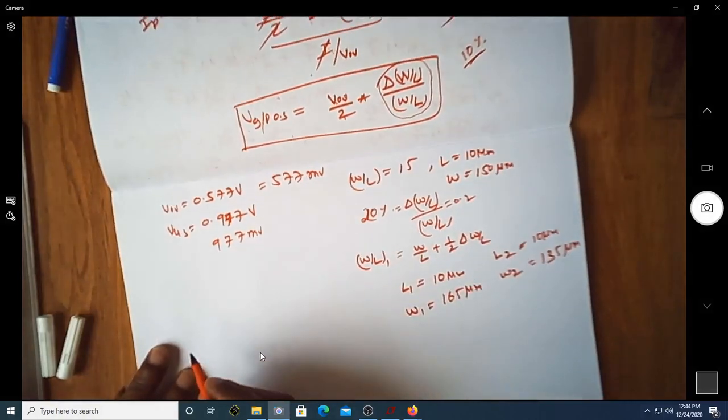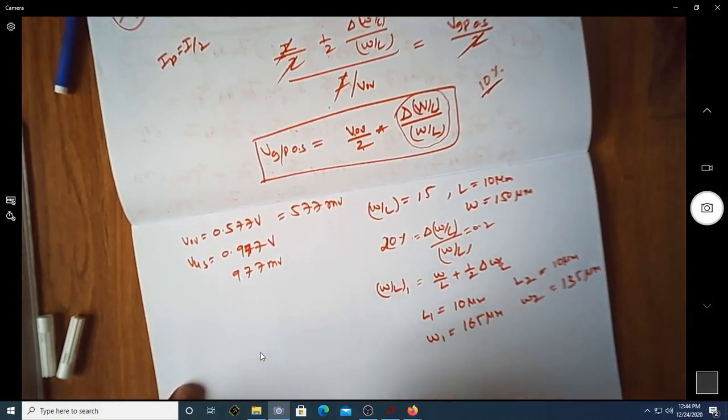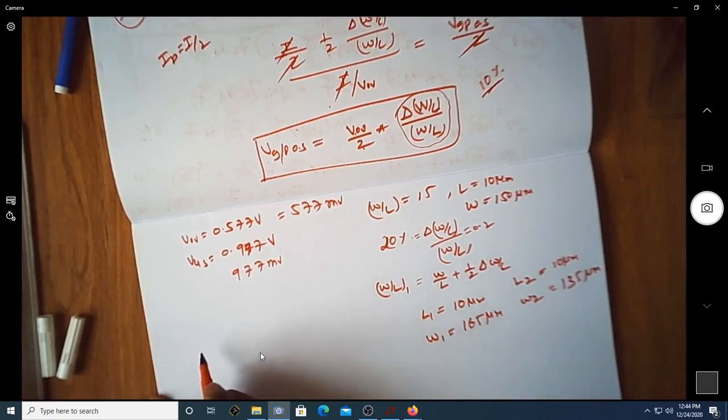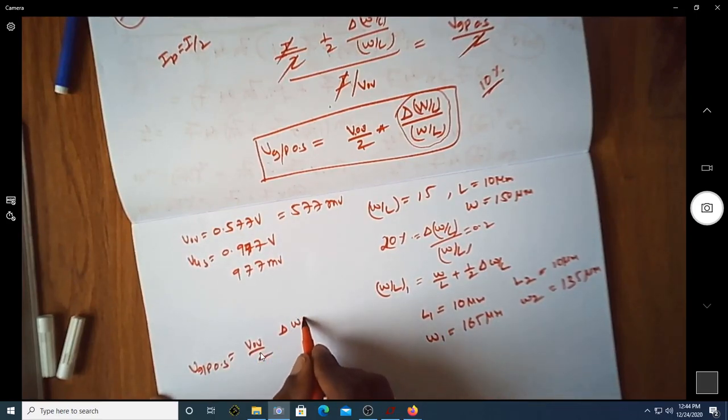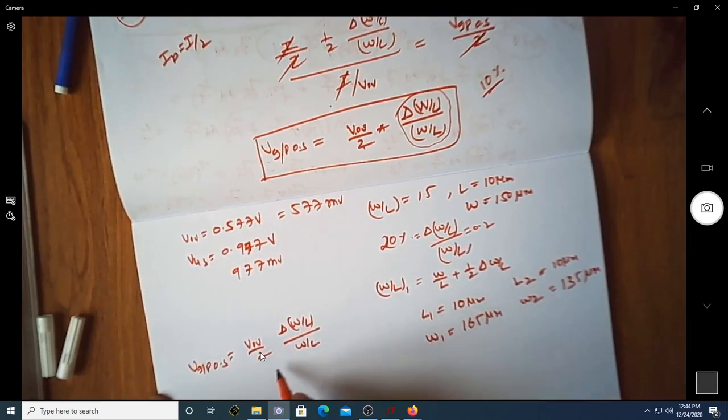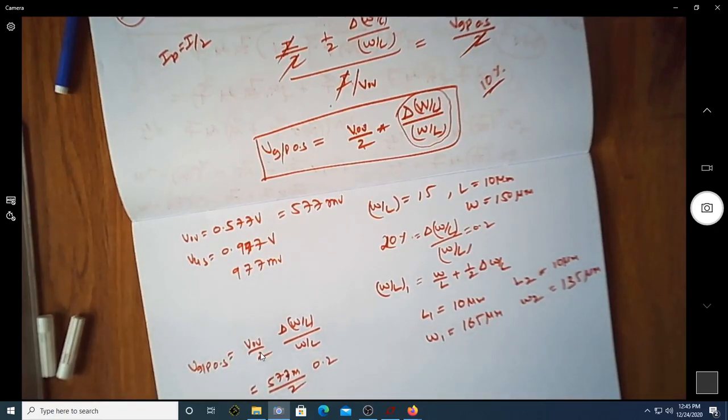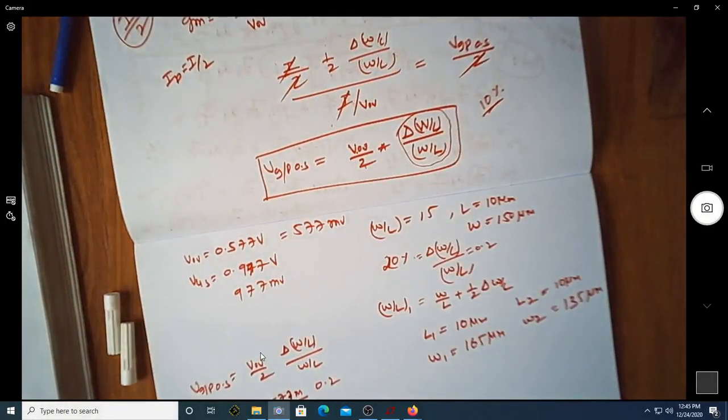So as per our calculations, I have to have an input offset voltage equal to VOV by 2 into delta W by L by W by L. Since VOV is 577 millivolt by 2, and this percentage is actually 0.2, let me just calculate the value.